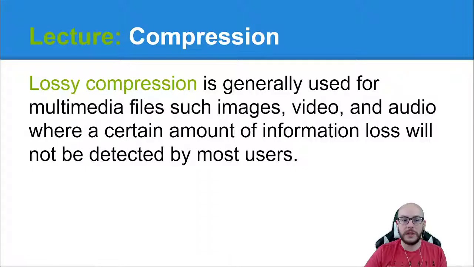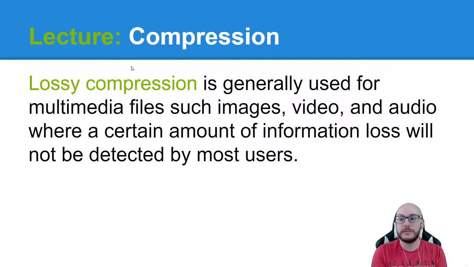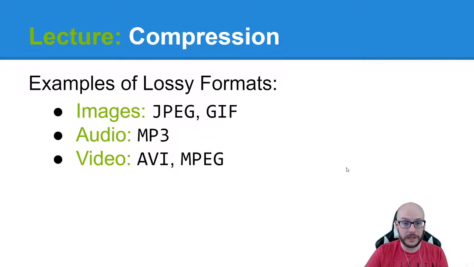So when it comes to images and audio, it's hard for users to really tell that there is some information loss. So it doesn't matter as much that you can't get back to the exact original. The upside here is these file formats, JPEG, GIF, MP3, etc., are massively compressed, right?